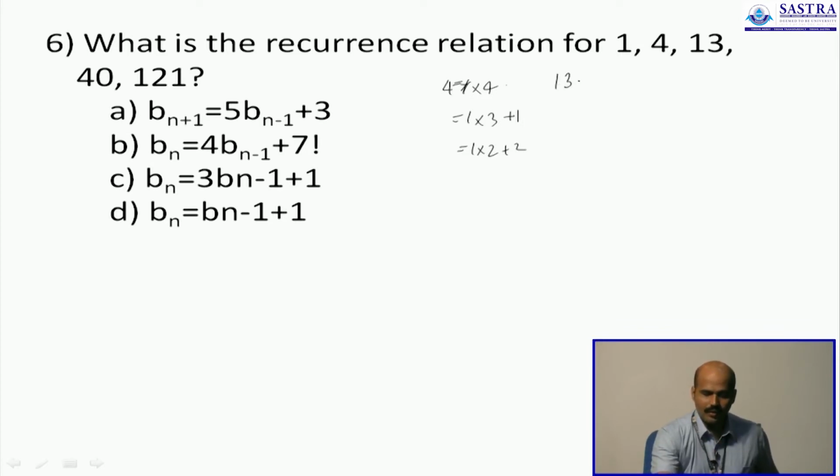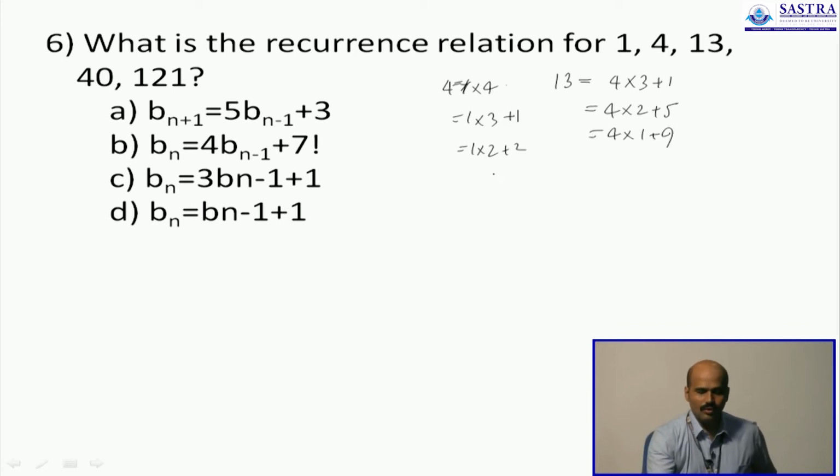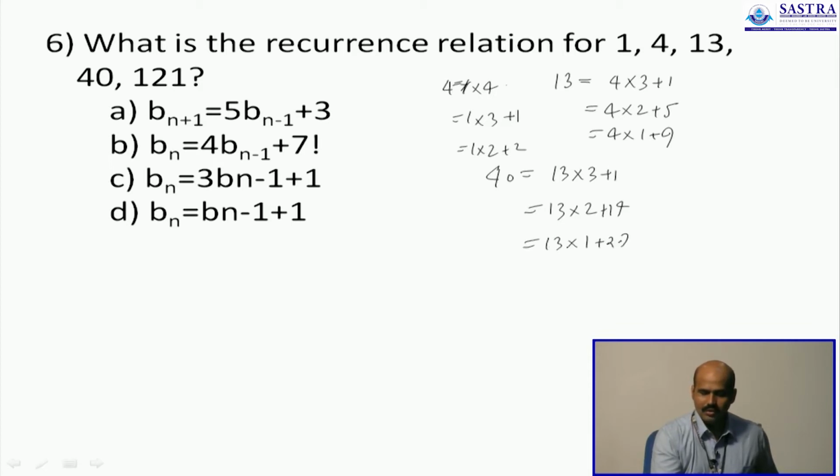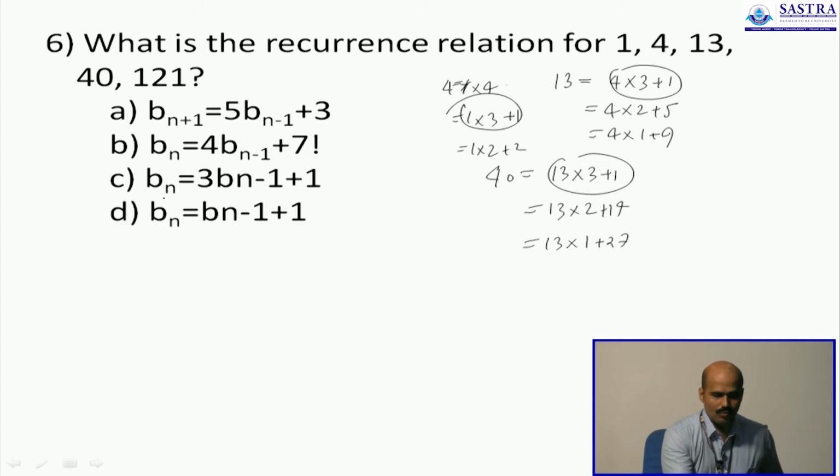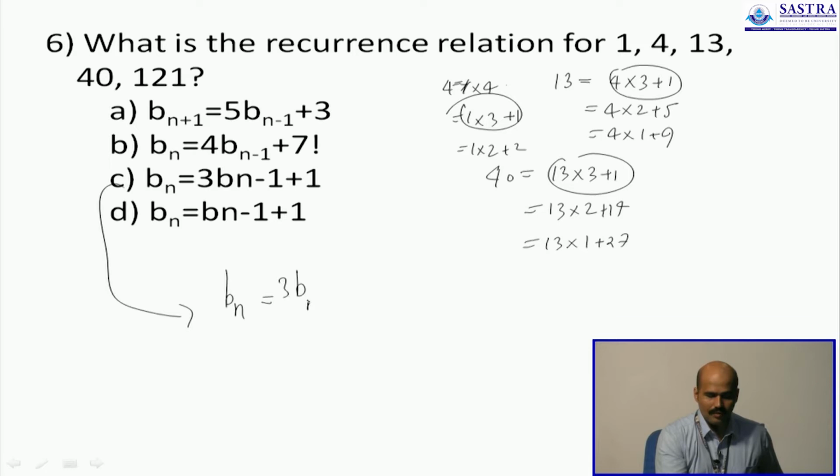And 13 is 4 times 3 plus 1, 4 times 2 plus 5, 4 times 1 plus 9, etc. 40 is 13 times 3 plus 1, 13 times 2 plus 14, 13 times 1 plus 27, etc. So the pattern that you find here is 1 times 3 plus 1, 4 times 3 plus 1, 13 times 3 plus 1. So option C says Bn is 3 times Bn minus 1 plus 1. That's in fact right.